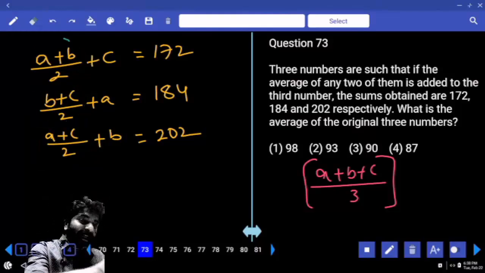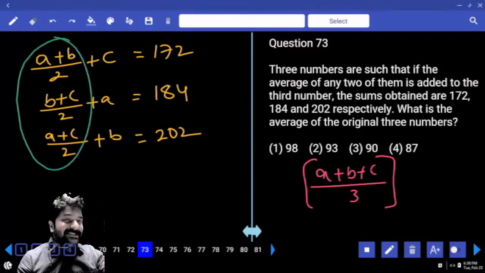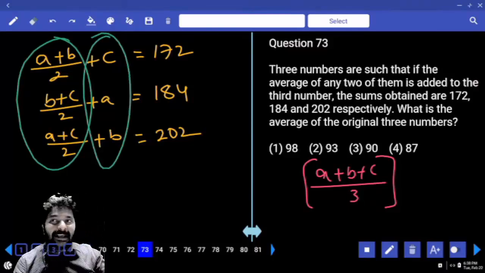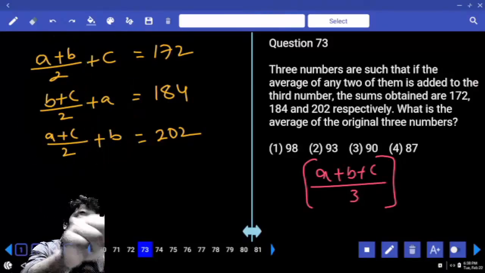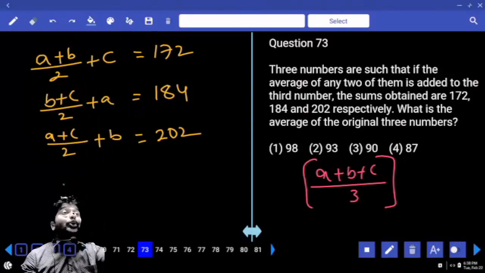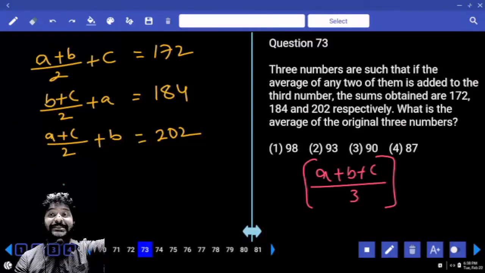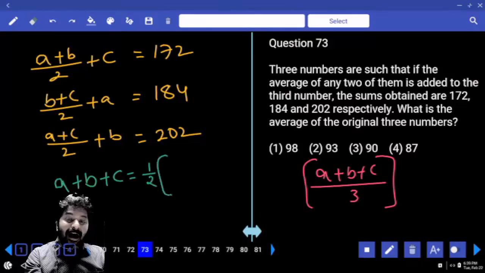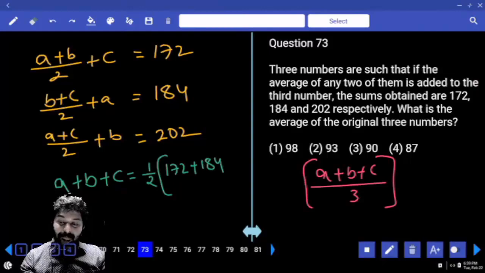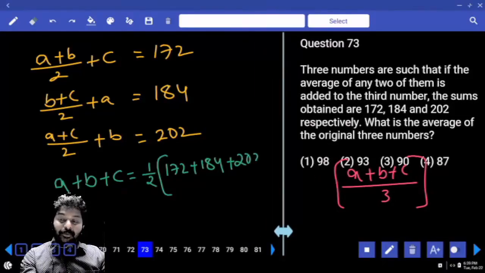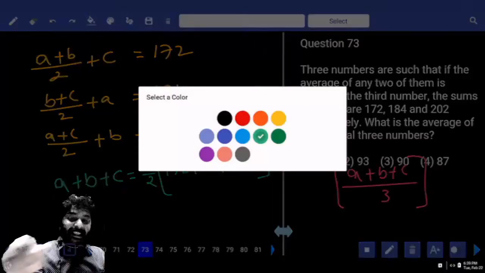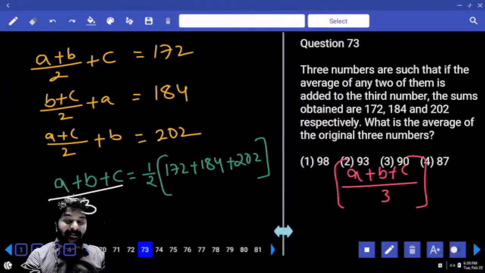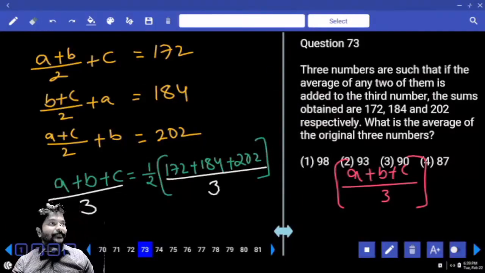So here also we have one more a plus b plus c, and here one a plus b plus c. That means when you add left hand side values, you are getting 2 times a plus b plus c. From that I can say a plus b plus c is equal to half of 172 plus 184 plus 202. But we were asked to calculate the average, hence divided again by 3.